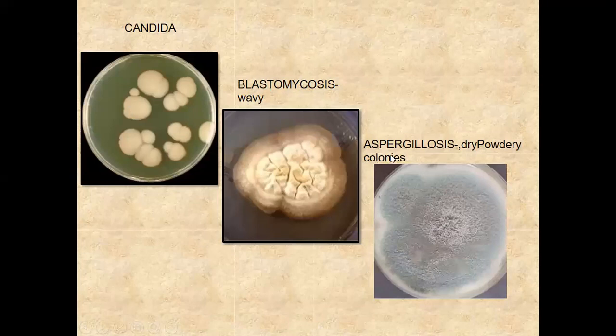On this basal medium we can identify organisms like Candida, Blastomyces, the fungus causing blastomycosis, and Aspergillus, which causes the disease aspergillosis. If the specimen we collected from the patient has a fungal pathogen and we grow it on this basal medium, the culture will appear depending on its type.